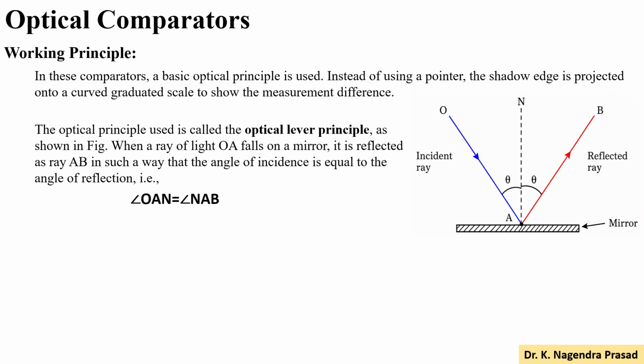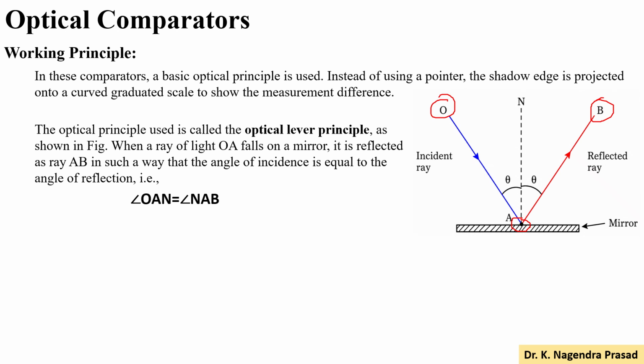So let's see the optical principle. The optical principle used is called the optical lever principle, which is represented in the figure. Here you have to observe. Here it has the mirror. When the ray of light OA falls on a mirror, it is reflected as ray AB in such a way that the angle of incidence is equal to the angle of reflection.